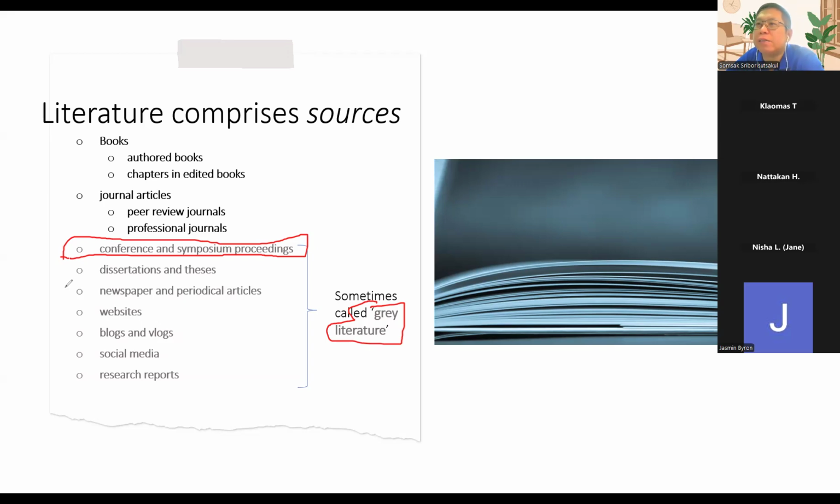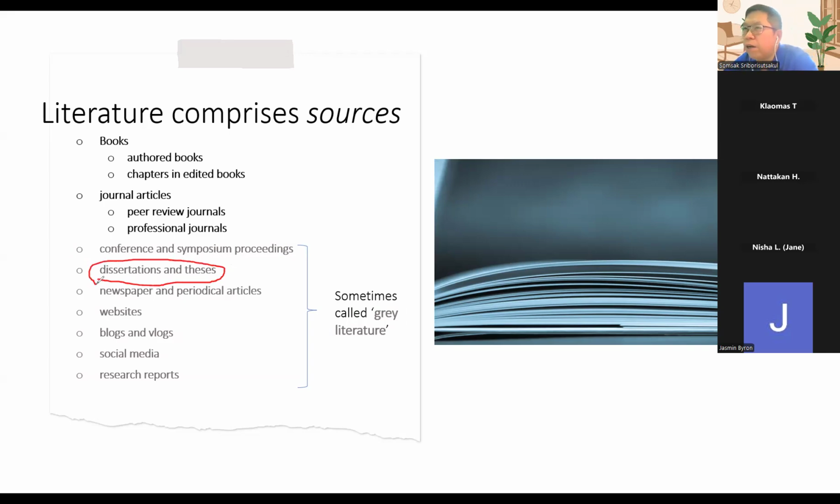And another one, yes, dissertation and thesis. If you want to see an example of literature review writing, please have a look at a dissertation or thesis, because chapter 2 of each dissertation or thesis, no matter master's or PhD, is a literature review chapter.